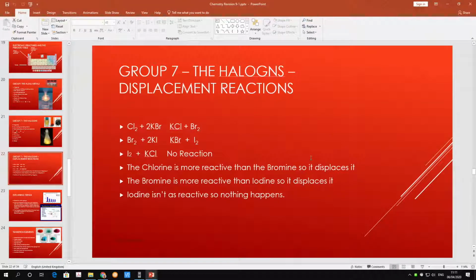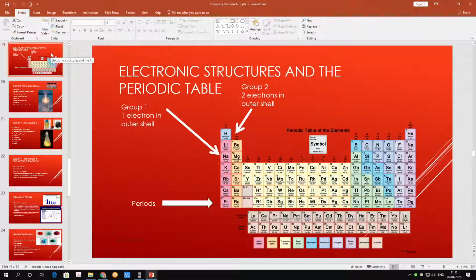So cesium down the bottom here is the most reactive metal, more reactive even than francium, and fluorine is the most reactive non-metal.